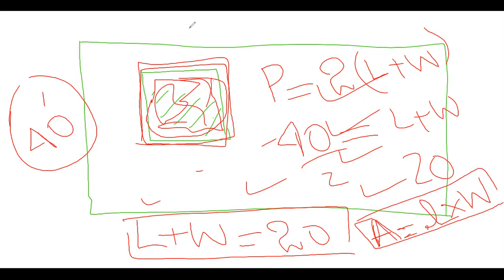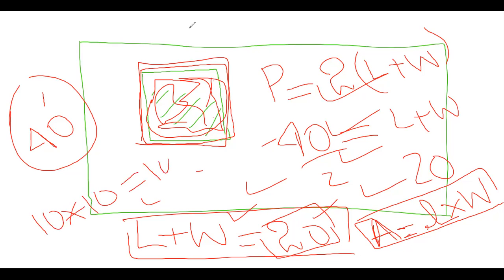If the sum is 20, we don't know the length and the width, but we know the sum is 20. So the product must be what? To maximize the area, the two numbers that make 20 are 10 plus 10. 10 into 10, 100. 10 plus 10, 20.